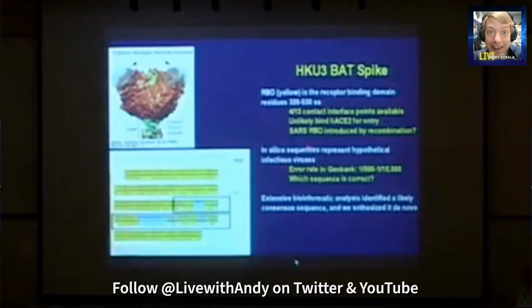Now, to get back to the issue of in silico sequences, they represent hypothetical viruses. For most synthetic viruses resurrected to this point, we knew that the sequence was infectious. In this case, we don't know which of the sequences in GenBank were infectious, if any. With an error rate in GenBank ranging from about 1 in 500 to 1 in 10,000, depending on who did the sequencing, we had to do extensive bioinformatic analysis to identify what we thought was the likely consensus sequence.